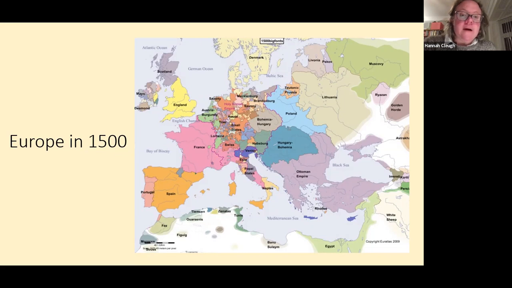So you can see from the map that Valois France is very much surrounded by Habsburg territory. And one of the constant themes in the conflict that develops in the early part of the 16th century is about the concern for both France to expand and also the Habsburg desire to protect their supply routes between their northern territories, particularly in the modern day Low Countries and Netherlands, and Spain.